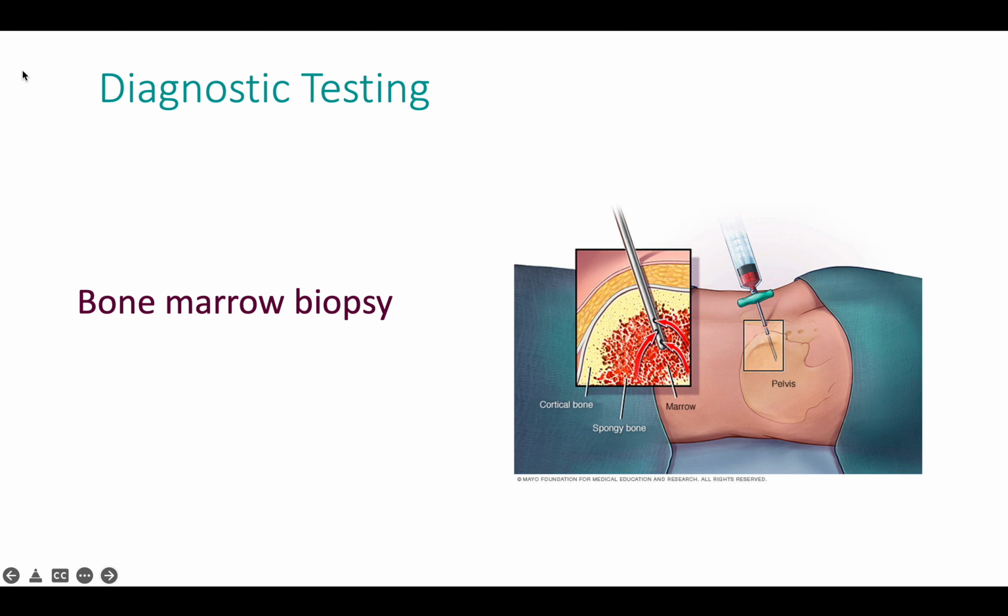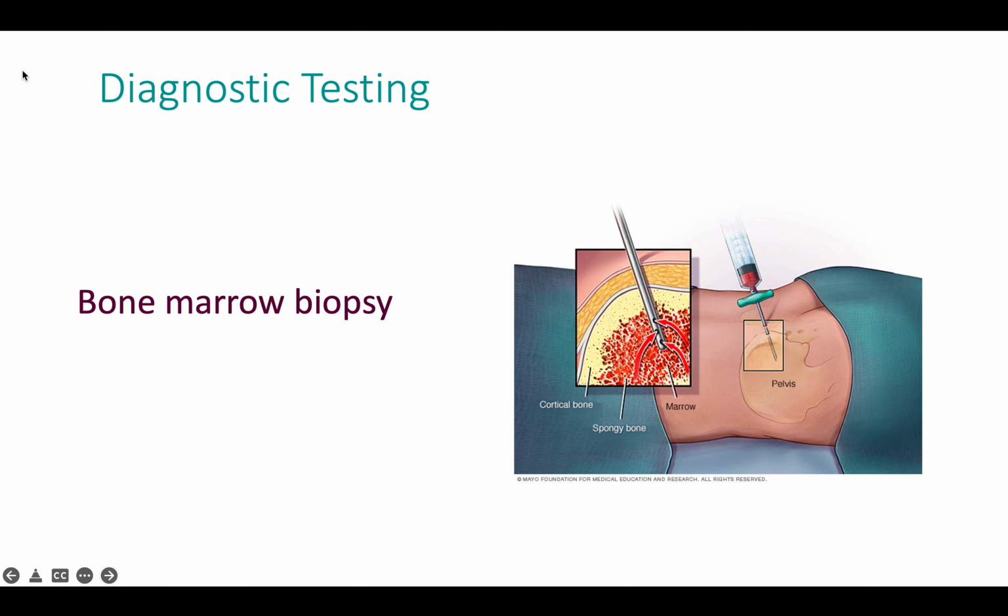Patients will need to be either in a prone or side-lying position, and they need to remain still. The doctor will use some anesthetic so that the needle going through the skin is not painful for the patient. And then once the needle is inserted into the bone, the patient will feel pressure, but they must stay still until that aspiration occurs.